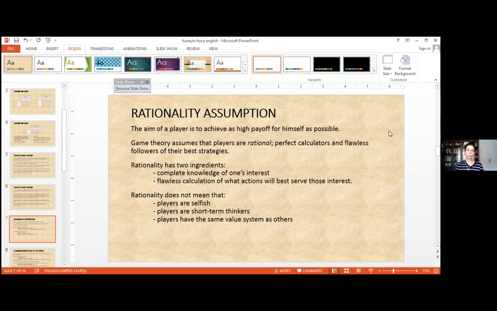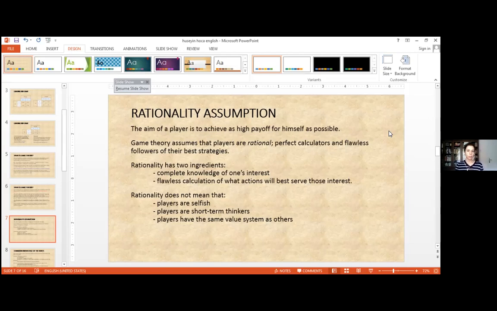What it doesn't mean is that we are not selfish. Players are not necessarily selfish. They may rate highly the well-being of others and incorporate this high rating into their payoffs. I can think that if I behave well toward someone so they get a high payoff, I may increase my own best interest as well.